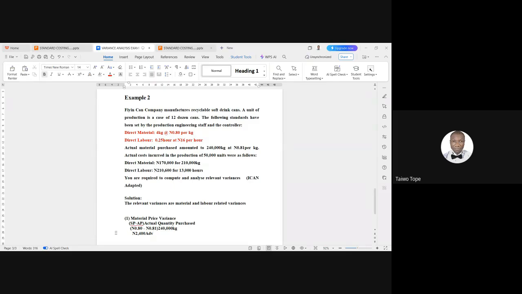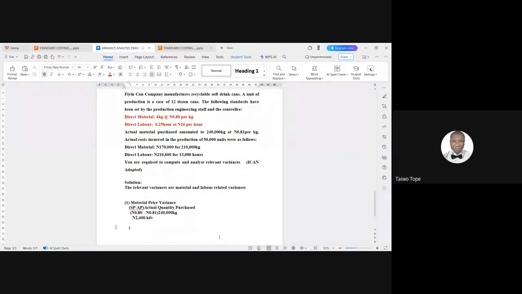Any trouble about this? So which form of variance do you think we can compute again? Material usage. Fine. Material usage variance. And our formula is what?